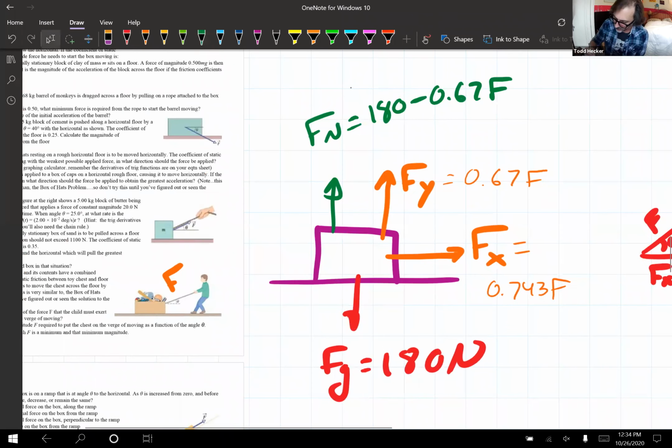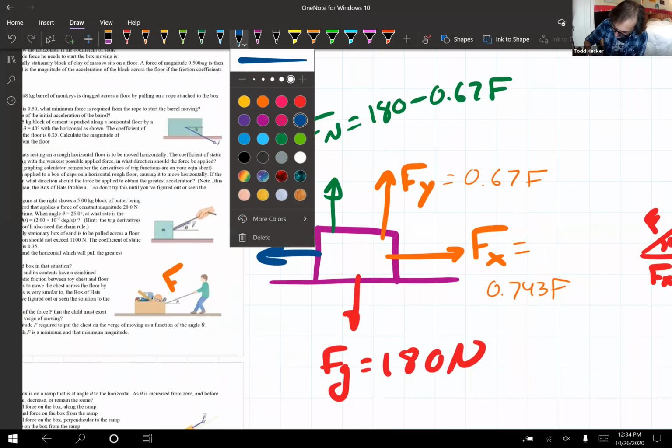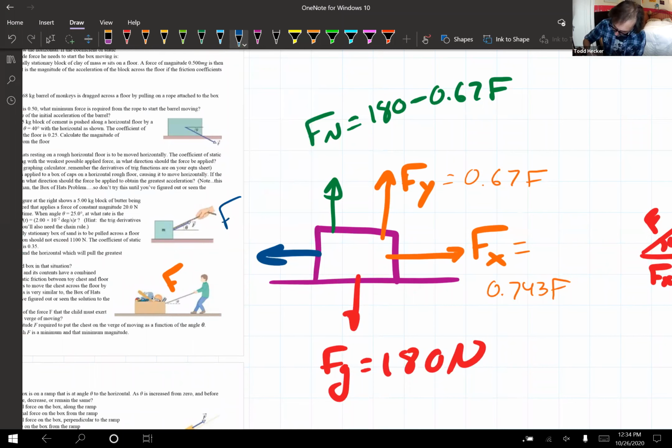All right, and then we've got friction, right? Sorry, I've got these pens set to be too thick. So our force of friction is going to be this times 0.3. So it's negative 54 plus 0.2 F. Cool.